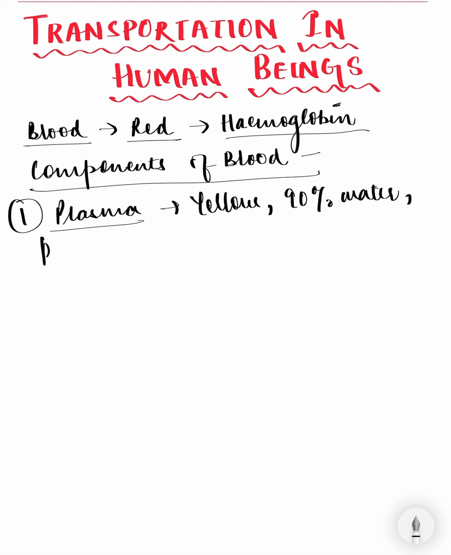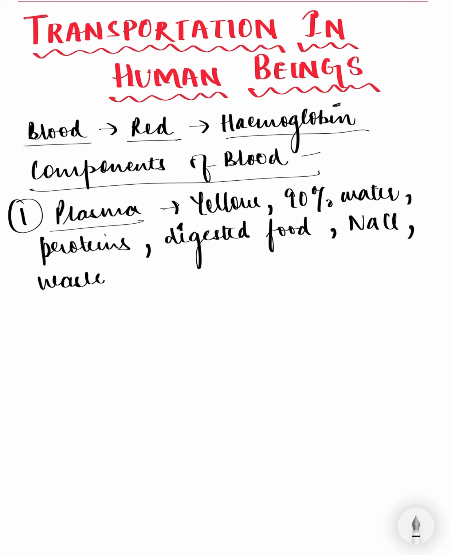It contains proteins. It contains digested food. It contains common salt, which is the NaCl. It contains waste products such as carbon dioxide and urea, and it contains certain hormones.